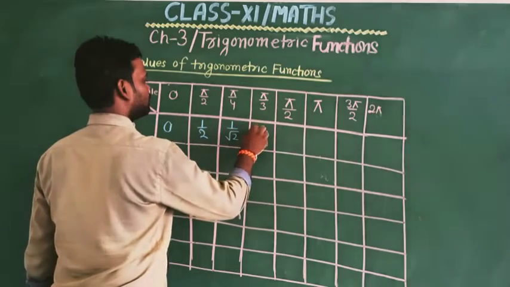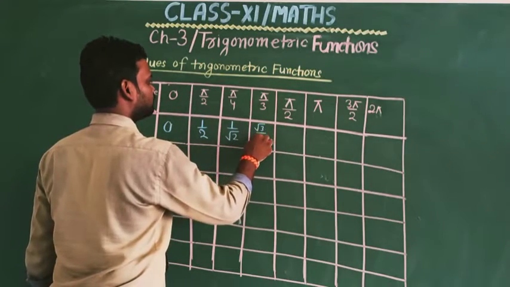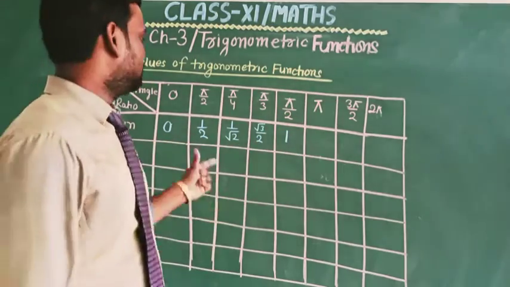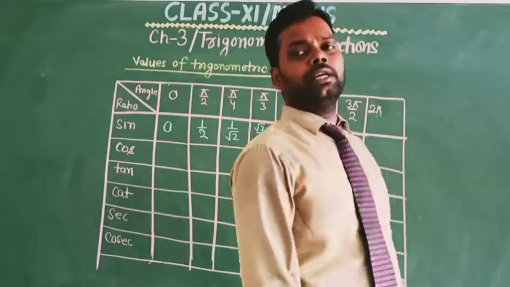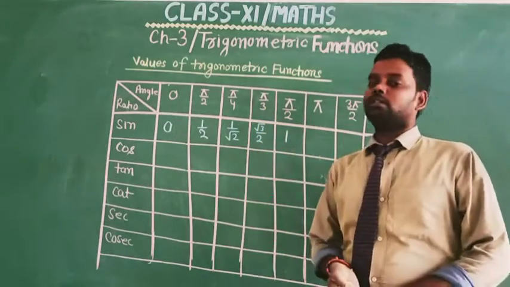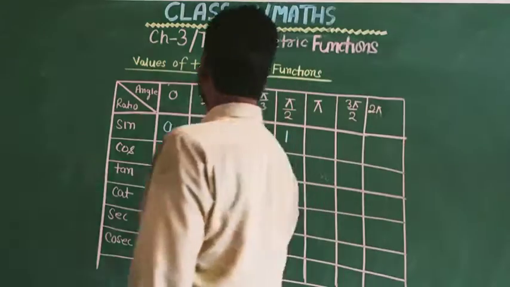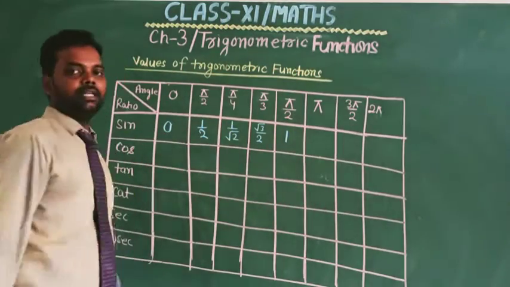Next is root 3 by 2, and pi by 2 is 1. This was already discussed in earlier classes, meaning class 10, the values of trigonometric ratios for 0, 30, 45, 60 and 90 degree.